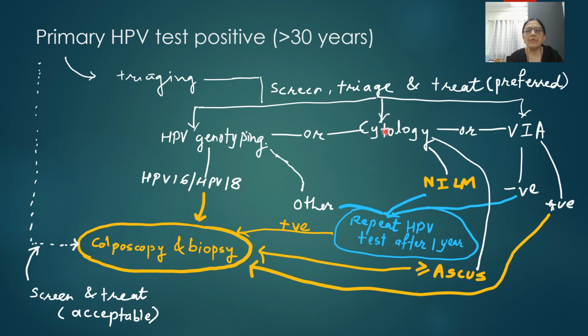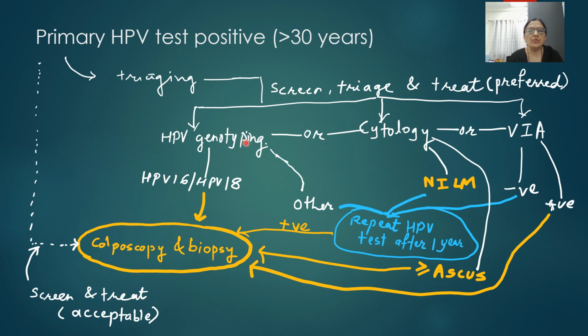Now, if we are using cervical cytology, if it is NILM, that means there is no cervical intraepithelial lesion or malignancy, then it is an indication to repeat HPV test after 1 year.